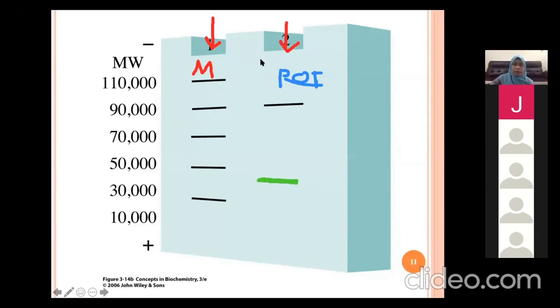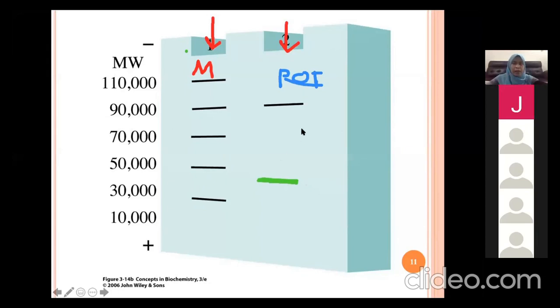So yeah, you got it right. That means if the protein of interest stops here, it is between 30 and 50, so it will be 40 kilodalton.